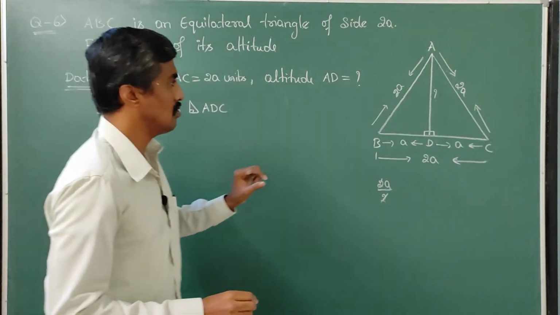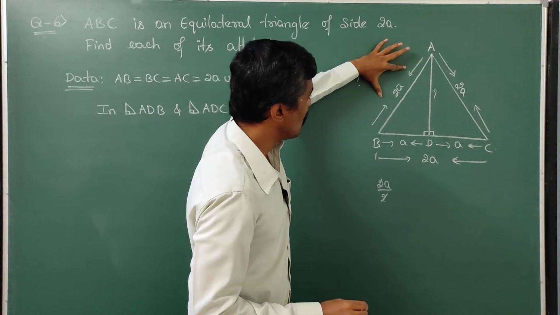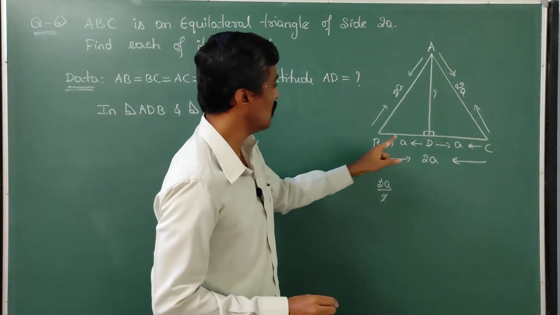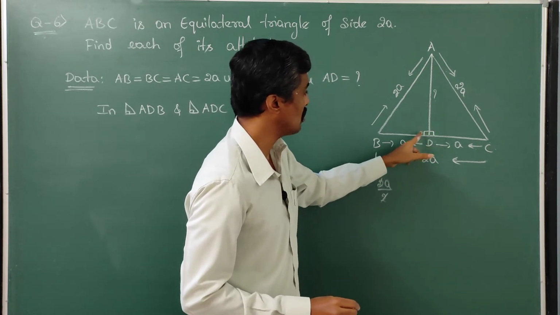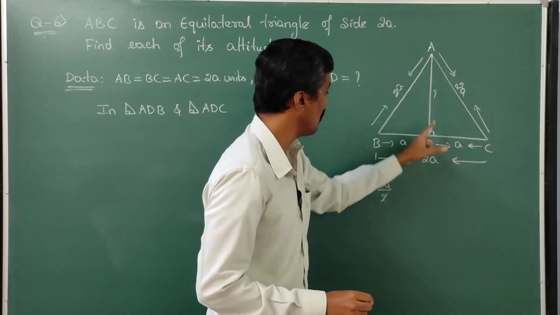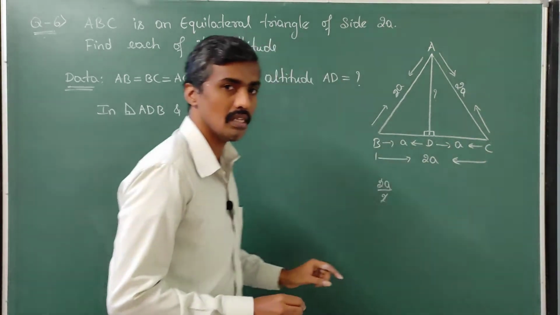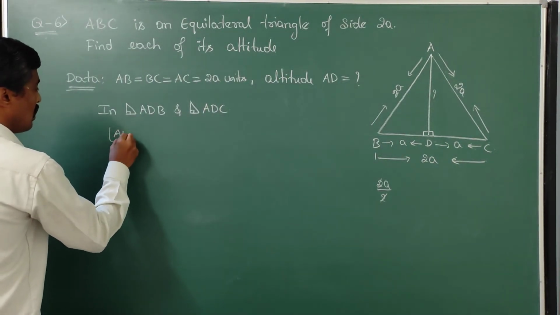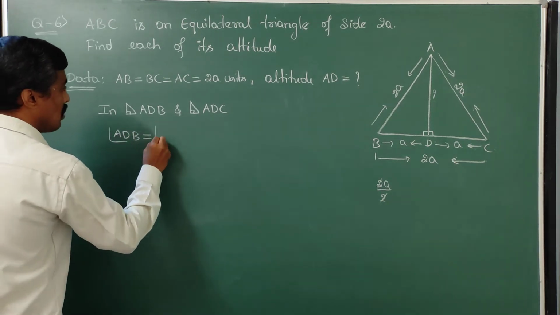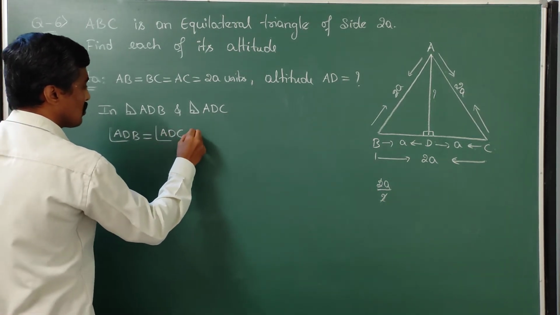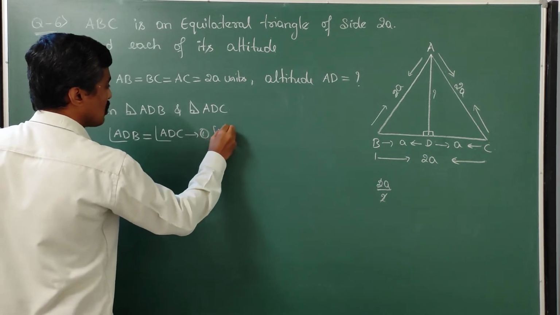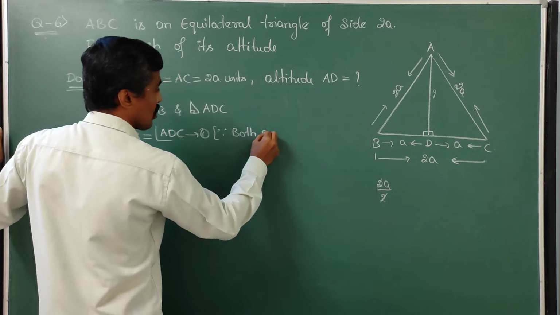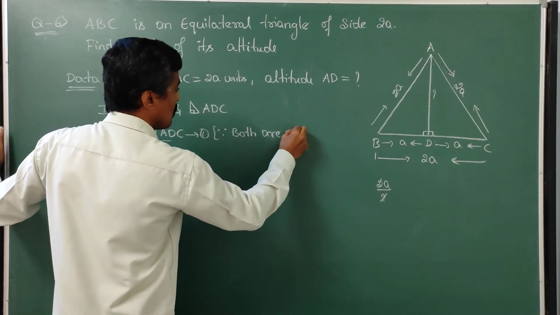In these triangles, AB is equal to AC, one side, then angles are equal, which is angle ADB and angle ADC are equal. So in these triangles, angle ADB is equal to angle ADC, number one, because both are right angles, both are 90 degrees.